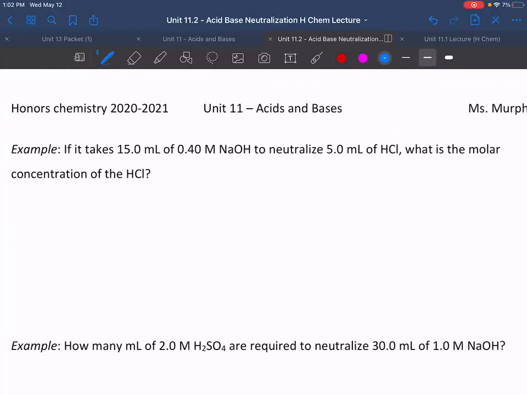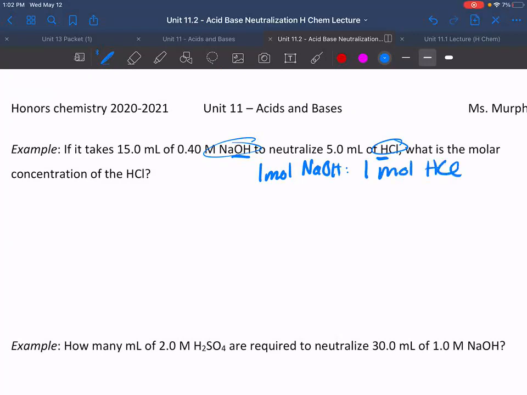Approaching this problem, if you're comparing HCl and NaOH, do either of them have an extra H or OH? They just have one each, right? This base has one hydroxide, this acid has one hydrogen. That's a 1-to-1 ratio, so we don't even have to worry about writing out the equation. We know that for every 1 mole of NaOH, it's only going to take 1 mole of HCl.